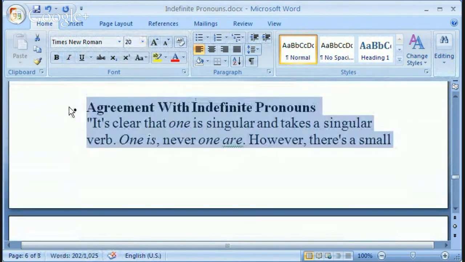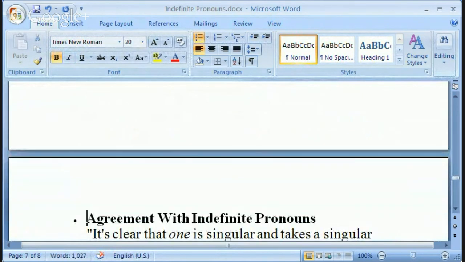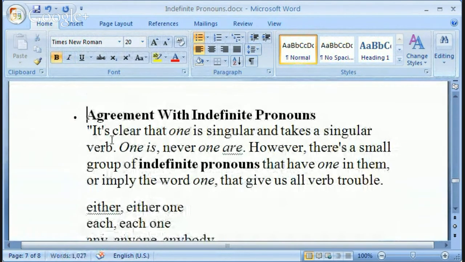Agreement with an indefinite pronoun. Subject-verb agreement is what we're talking about. It's pretty clear that one is singular and takes a singular verb. We always say one is. We can't say one are. Obviously, that doesn't make sense.